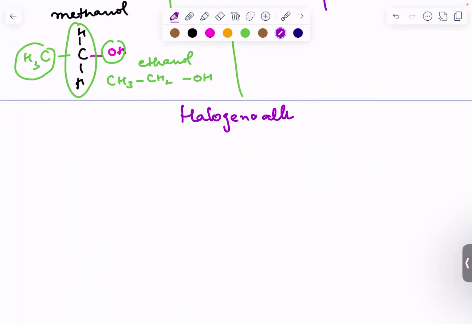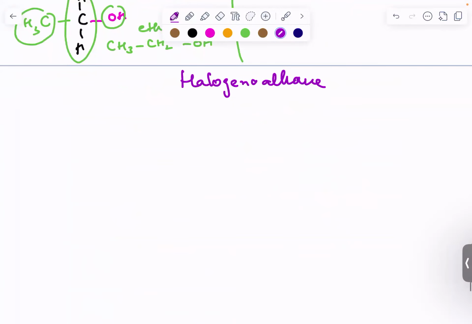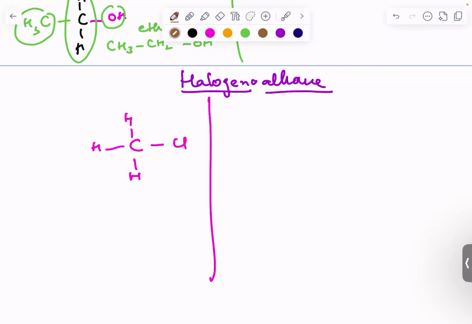Halogenoalkane. Now, you know, halogenoalkane means that a halogen atom is linked to the alkane. Let's suppose this is Cl. This is the simplest halogenoalkane, which is called a primary halogenoalkane.